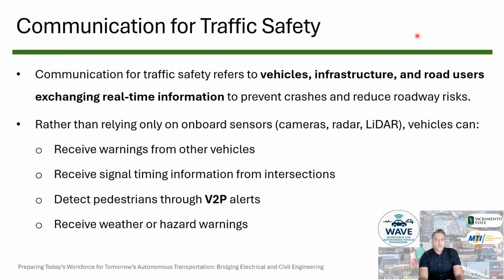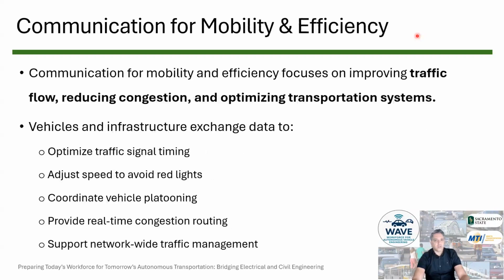To improve traffic safety, they can receive warnings from other vehicles and signal timing information from intersections. They can detect pedestrians through V2P alerts, or receive weather or hazard warnings through V2N. So this is how communication can help with traffic.